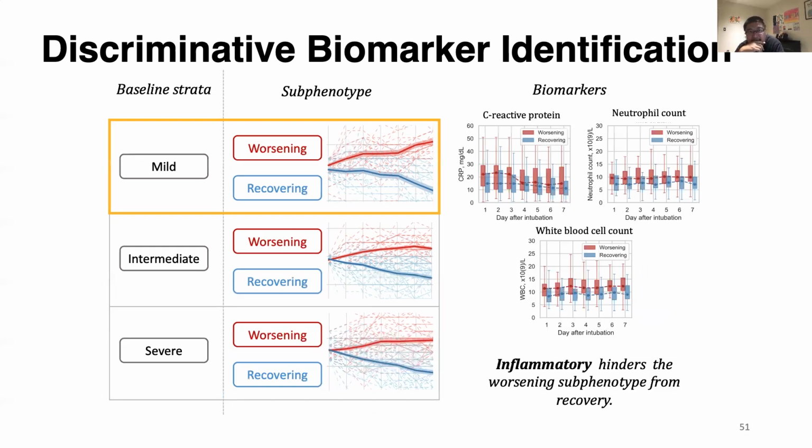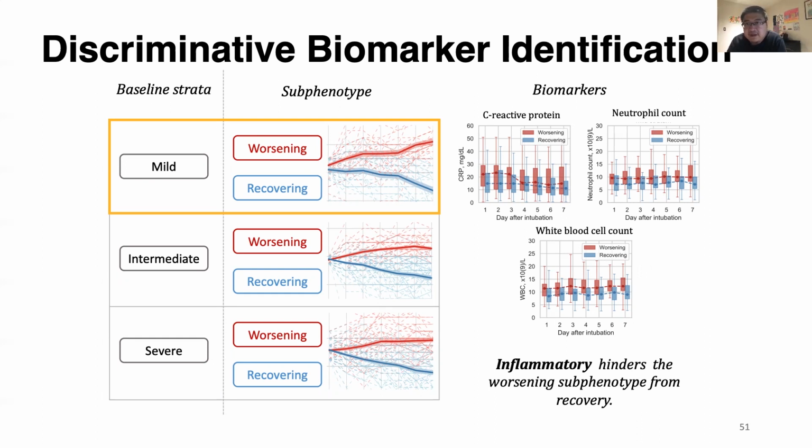This shows, for the mild stratum, the difference in CRP, neutrophil, and WBC, and their distribution over 7 days for the recovering and worsening subphenotypes.